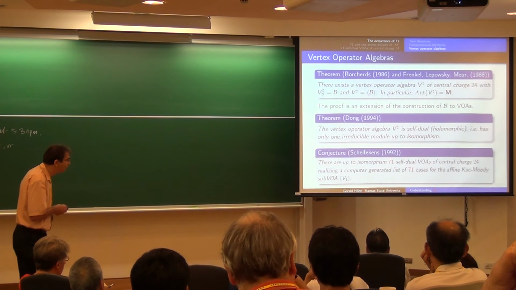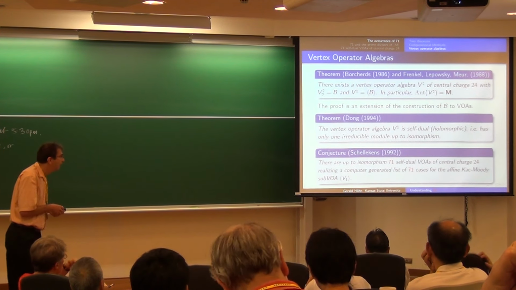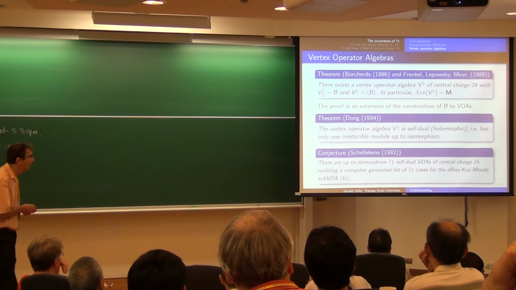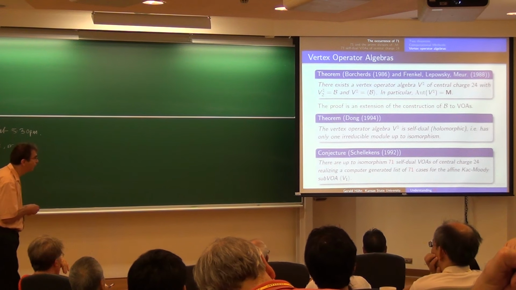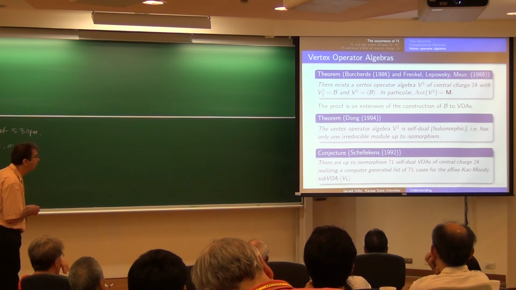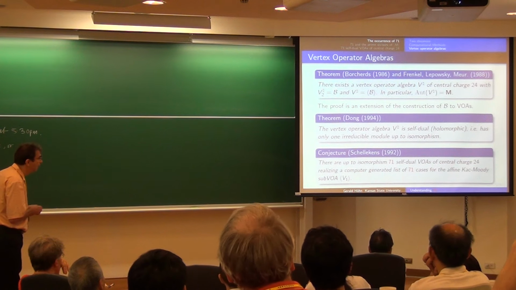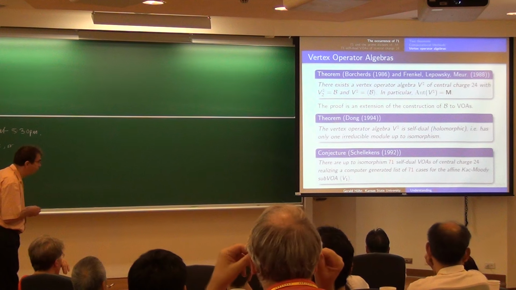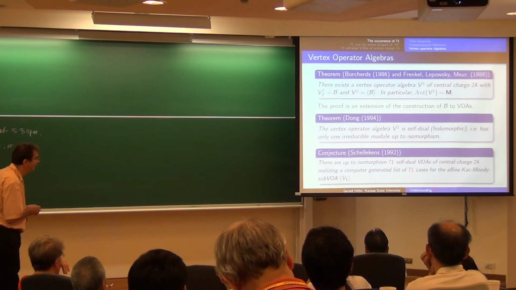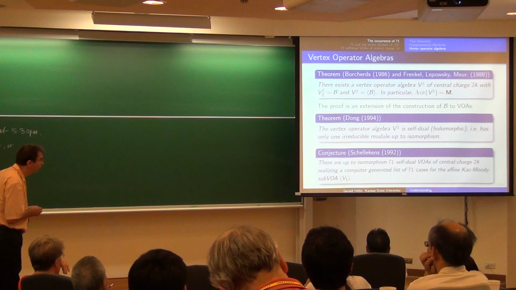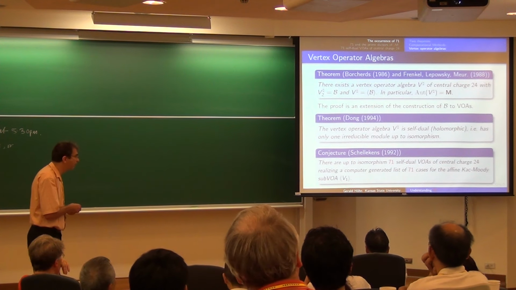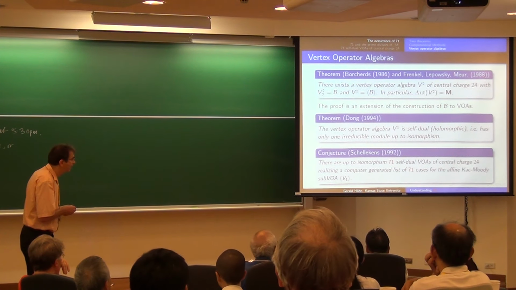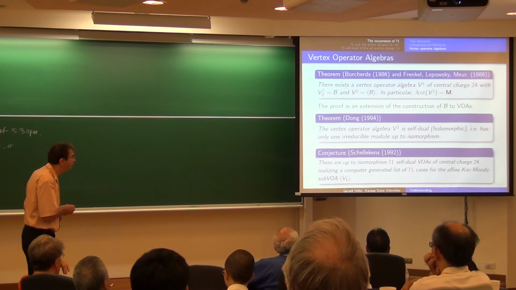And I think even before, in 1992, Schellekens considered the problem to find the genus of the Moonshine module, which means that one would like to find all vertex operator algebras of central charge 24 which are self-dual, up to isomorphism. What he found and constructed was a list of 71 affine Kac-Moody subvertex algebras.